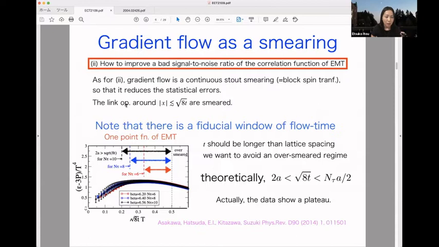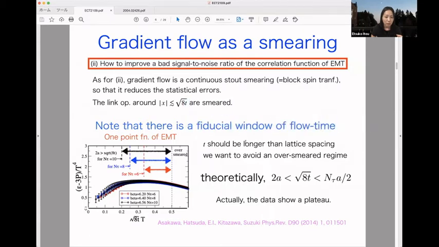Actually, link operators around this region at flow time t are smeared and UV fluctuation is suppressed, and the signal becomes clear. But to use this gradient flow method, we have to take care of the length of the flow time. So there is a fiducial window of flow time.